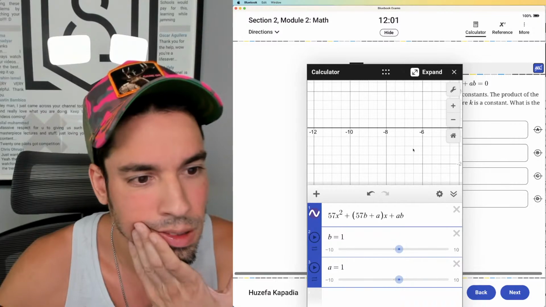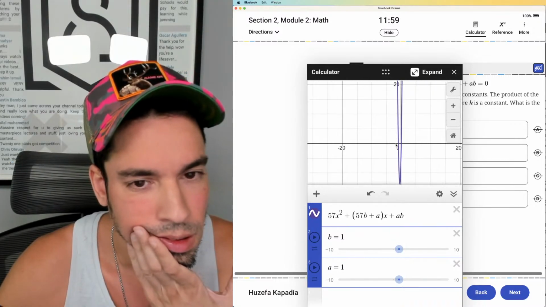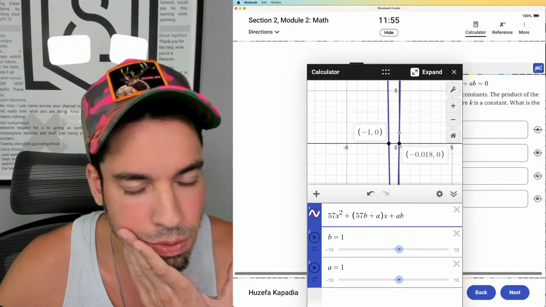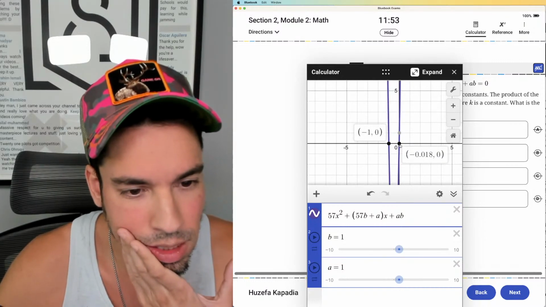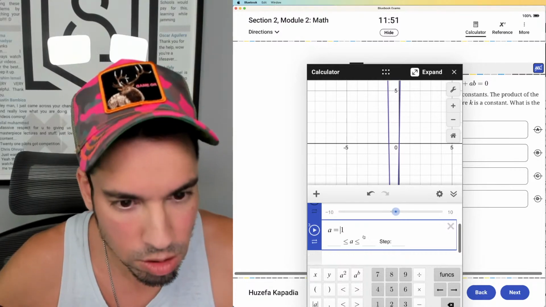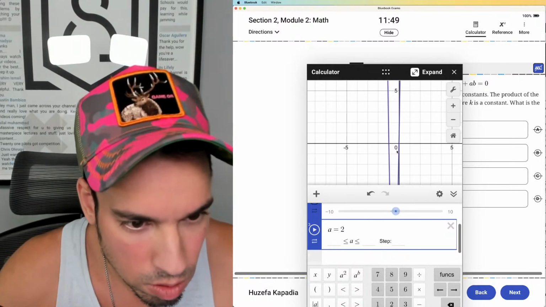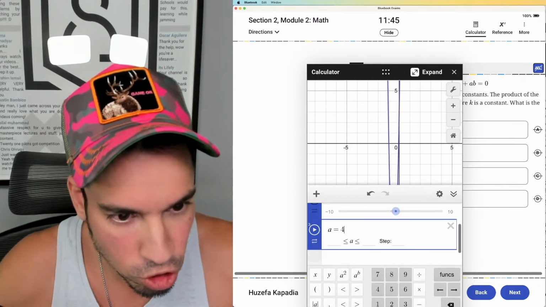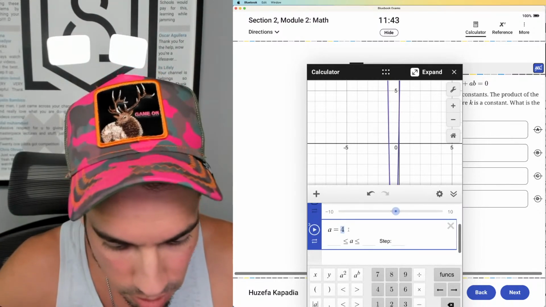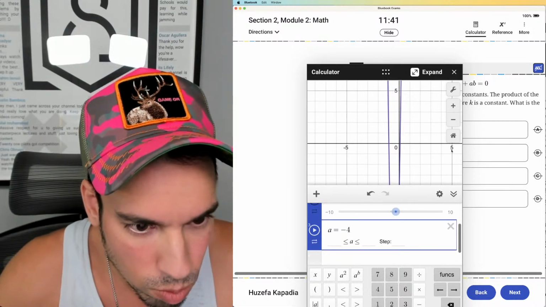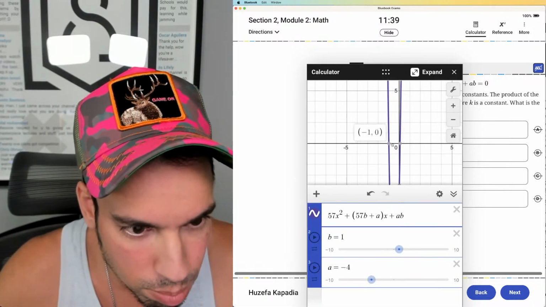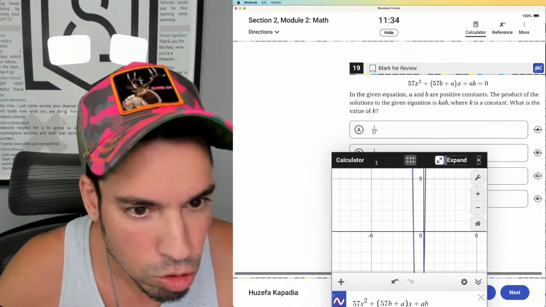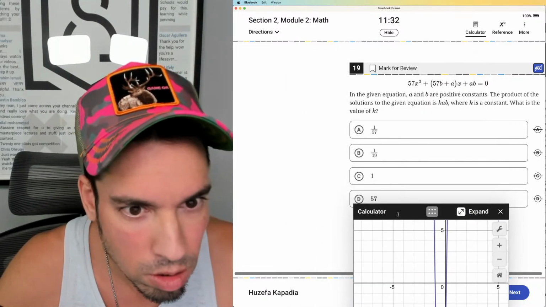Hold on. Oh, wait a minute. And then my solutions are -1 and that. Hold on, what if I change this constant to 2? How about 4? I'm just trying to make easier solutions. Or how about -5, -4, whatever. Okay, fine. I'll just leave it like that. 0.07 and -1, and those are my two solutions.